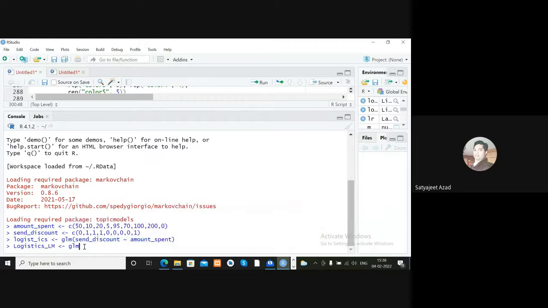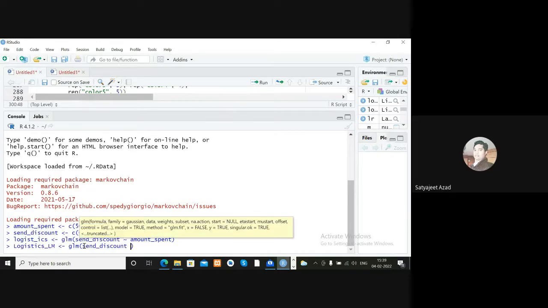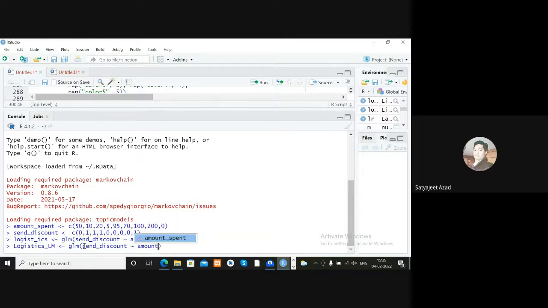And then we say send discount, and this is a tilde sign. This will show you a relationship. Now this is a feature variable. I have picked it up from this column. Send discount is a response variable.